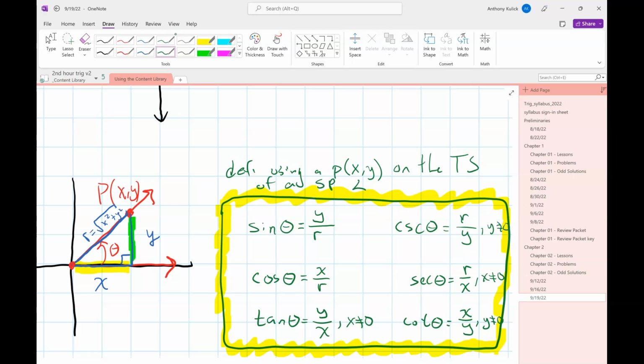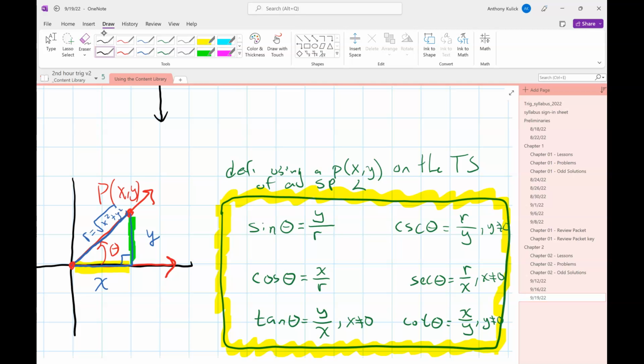What is r really representing? The distance from that point to the origin. Can that distance be 0 if I'm picking a point on the terminal side? No, right? So the point on the terminal side can't be the origin. That distance can never be 0, so I don't have to worry about r ever being 0 there.